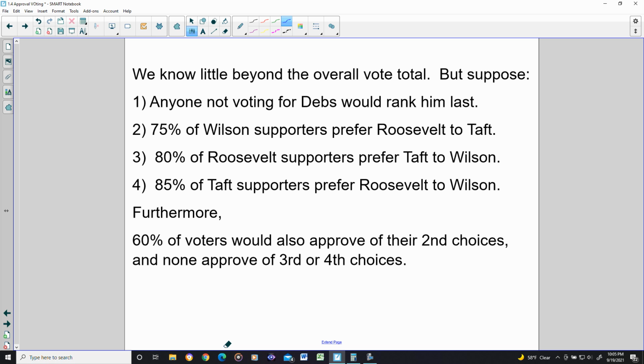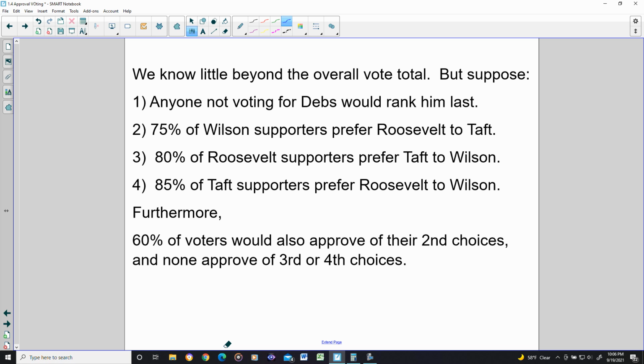So Wilson supporters, now Wilson is in the center, center left. So more people are probably going to go to center right and prefer Roosevelt, because Roosevelt did have a lot of popular policies. And then the same thing for the others. Roosevelt and Taft, because they're both more on the conservative end, are going to support each other.